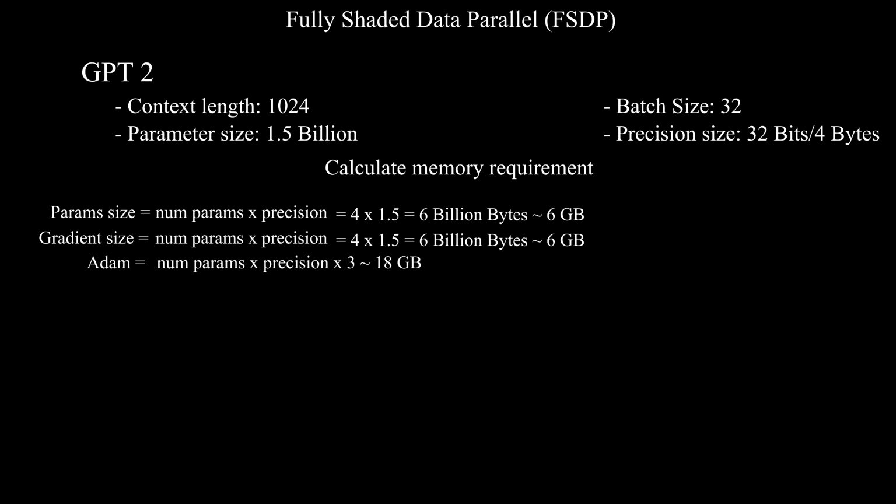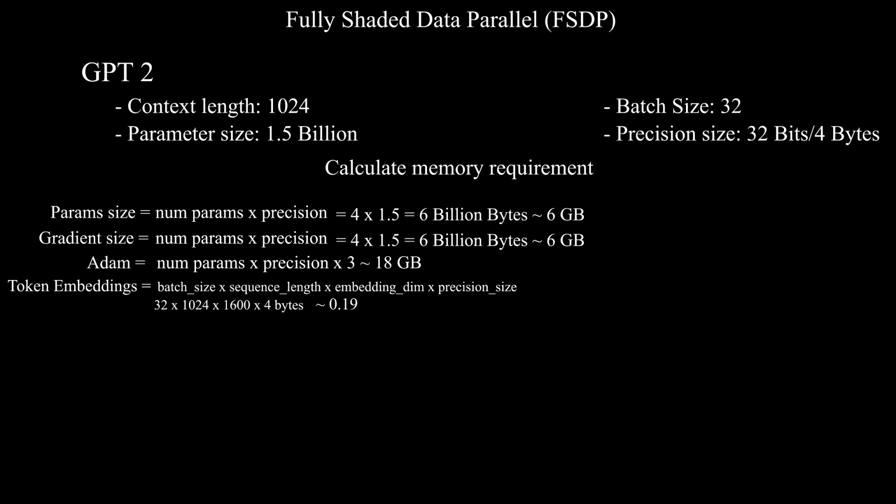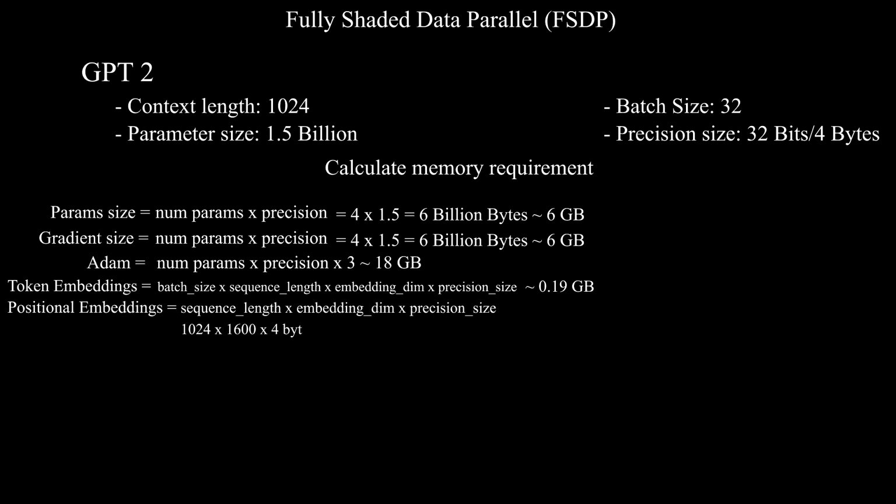The total memory will be batch size multiplied by sequence length times embedding dimension times size of float 32, which is roughly 0.2 gigabytes of memory. Similarly, we can compute for positional embedding as well. It will be sequence length times embedding dimension times size of precision, which is roughly 0.006 gigabytes.